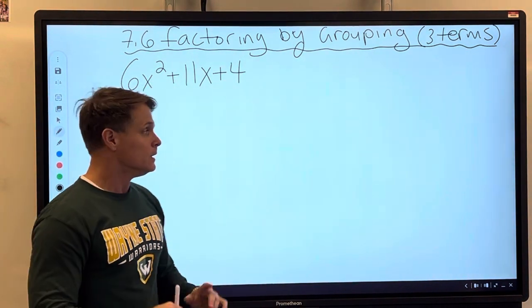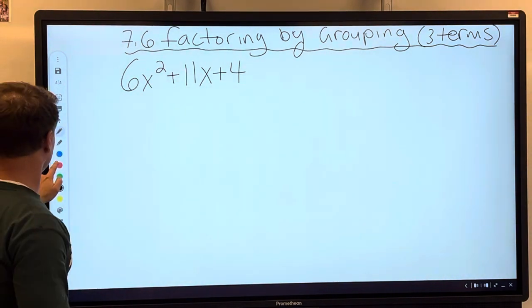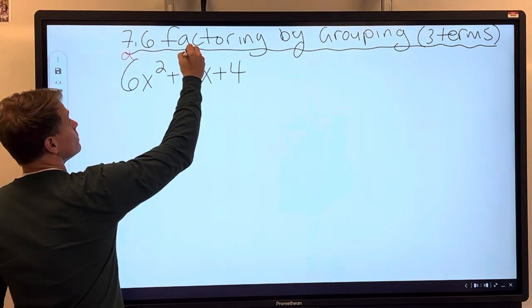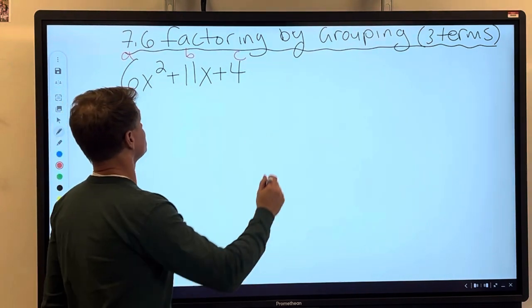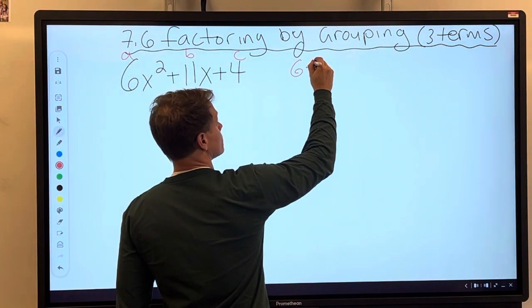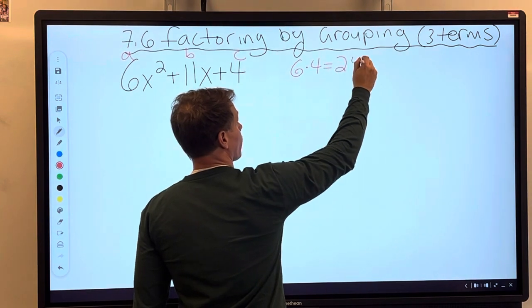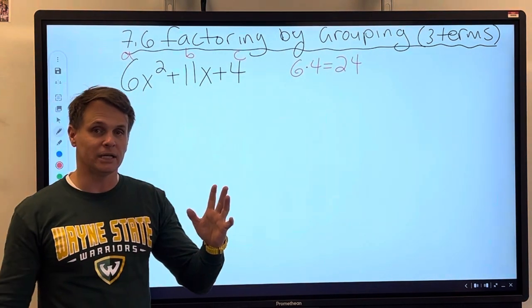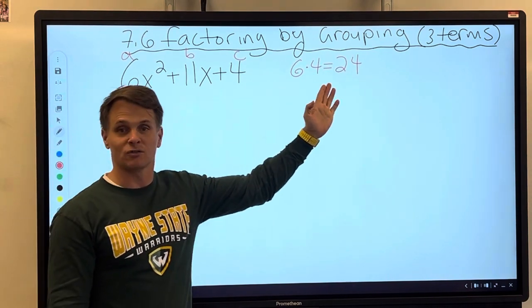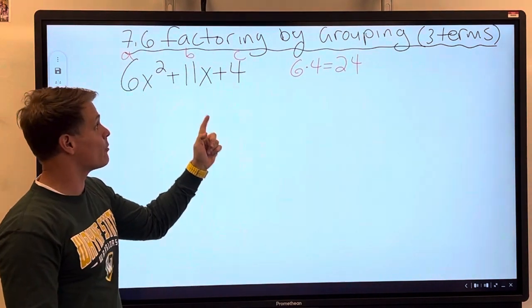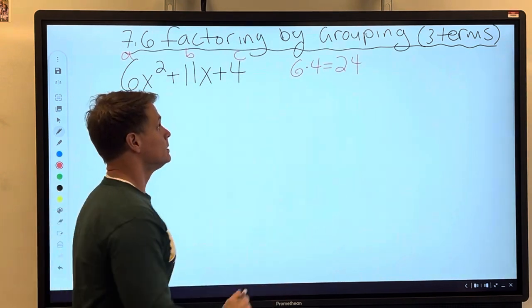All right? The first thing I have to do is multiply A times C. 6 times 4. And that gives me 24. Now, my question is, what are factors of 24 that when I add them together give me 11?